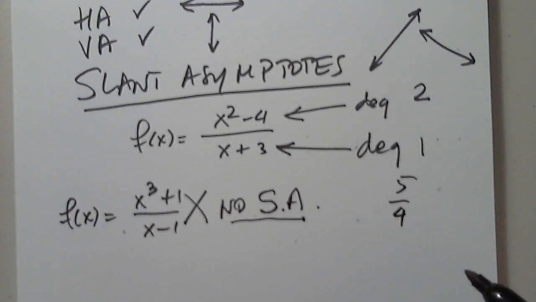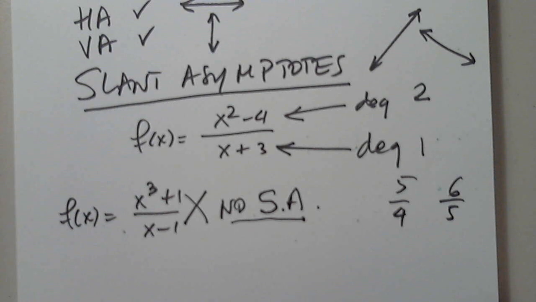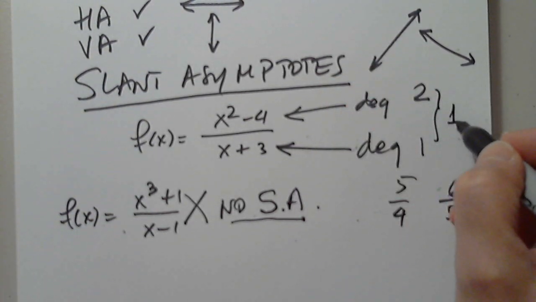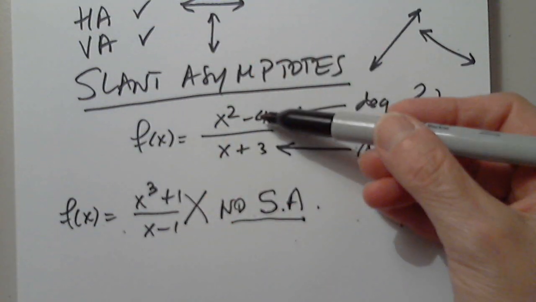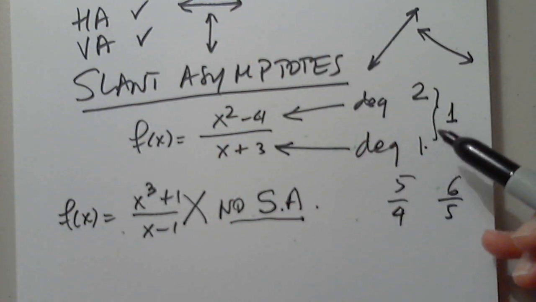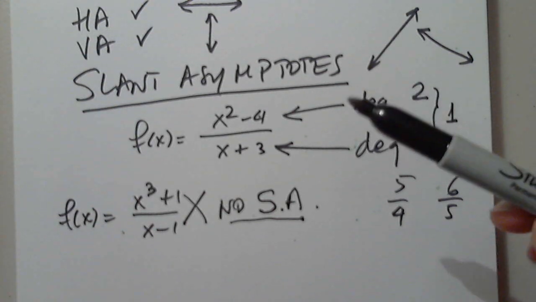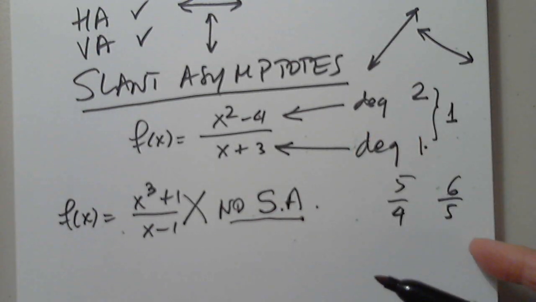Degree 5 over degree 4 will give us a line. Degree 6 over degree 5 will give us a line. So the difference in degrees must be exactly 1. In other words, not the other way around. The numerator has to have a degree 1 unit larger than the denominator. So always the top 1 degree larger than the denominator.